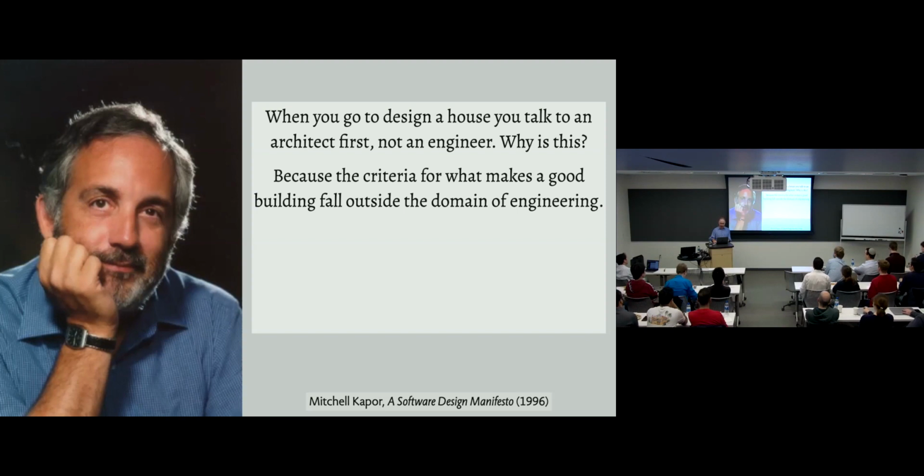Now, of course, this isn't to say engineering doesn't matter. If the building won't stand up, it doesn't matter how pretty it is, how lovely the spaces are, how usable it is. But the point is that engineering is at best half the story. And the question for me is, what is the architecture in this sense viewed by the user of a software system?